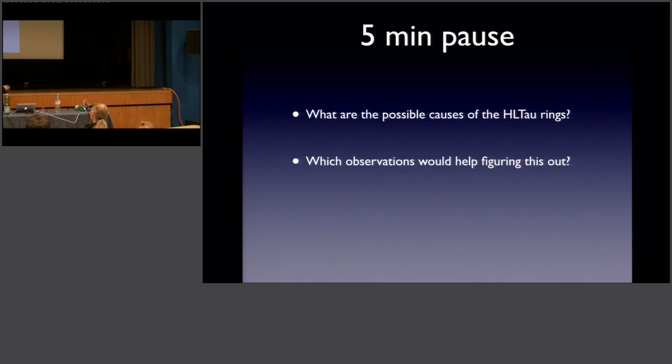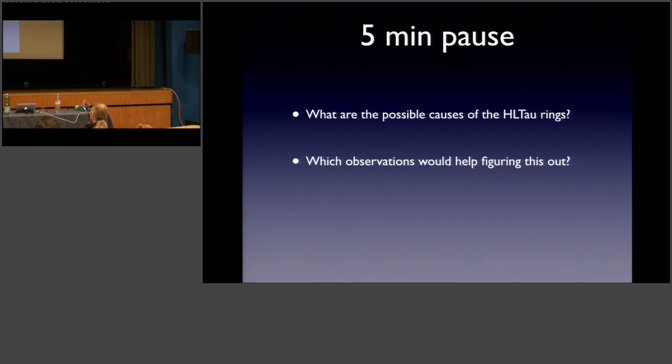And millimeter size grains can be confined very easily if you create small disturbances in the disk, okay? I don't have computations, so I don't know whether this is a viable option, but it is possible that planetesimal-like objects could create enough interaction to basically confine those grains.